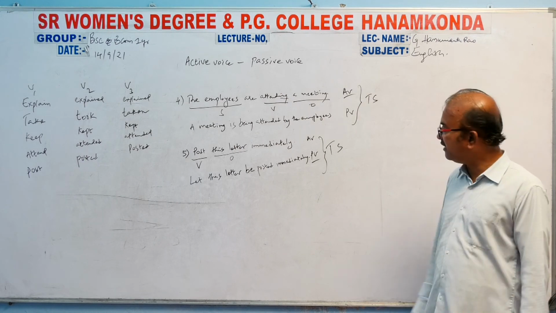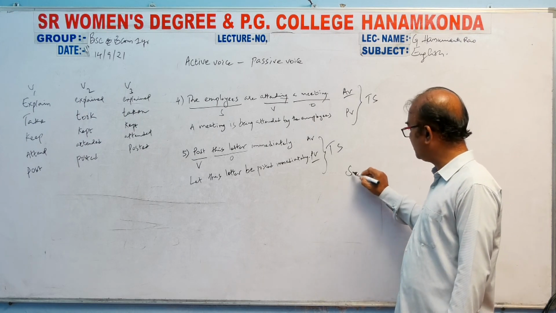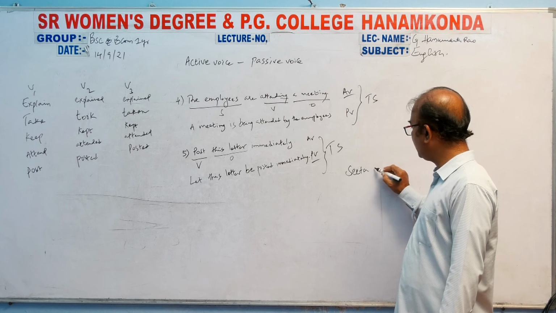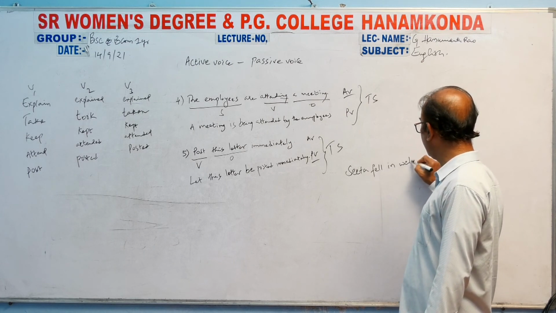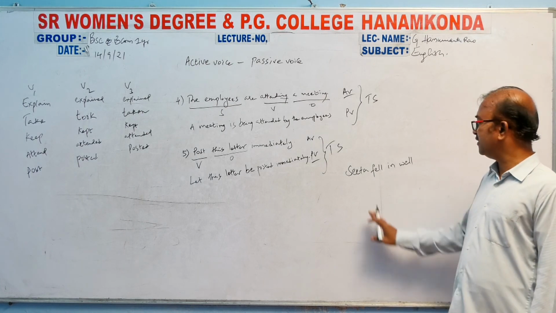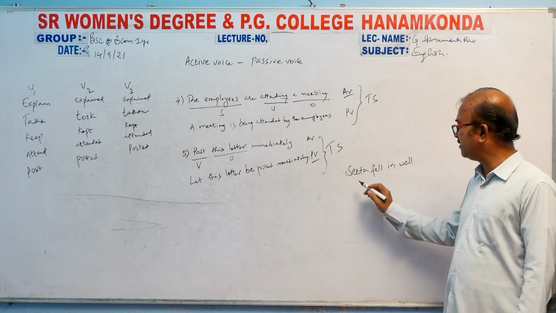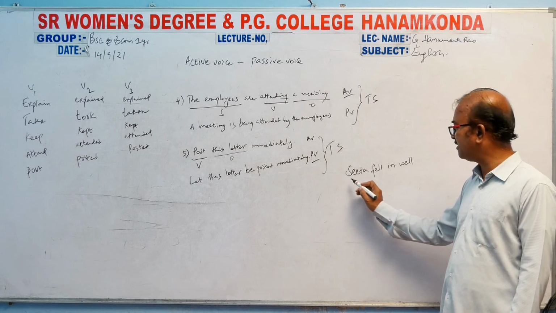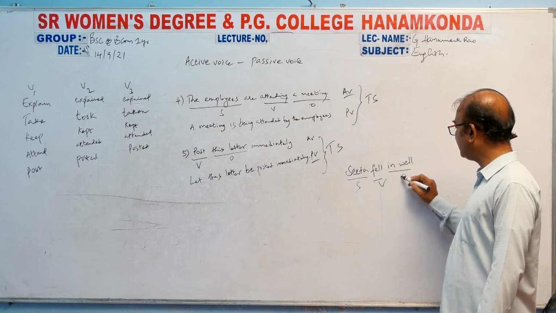Now, shall I give you another one? For example, Sita fell in well. Now, check this one. This is the subject, this is the verb, in well is the object.